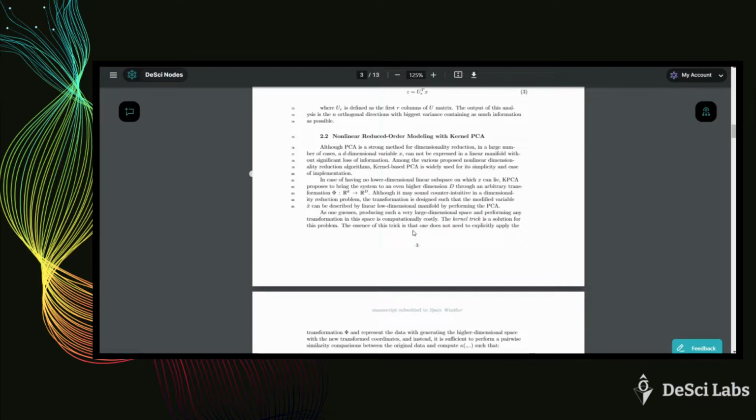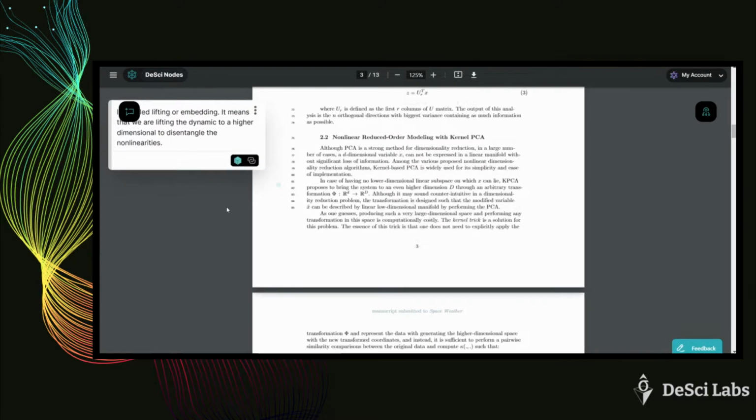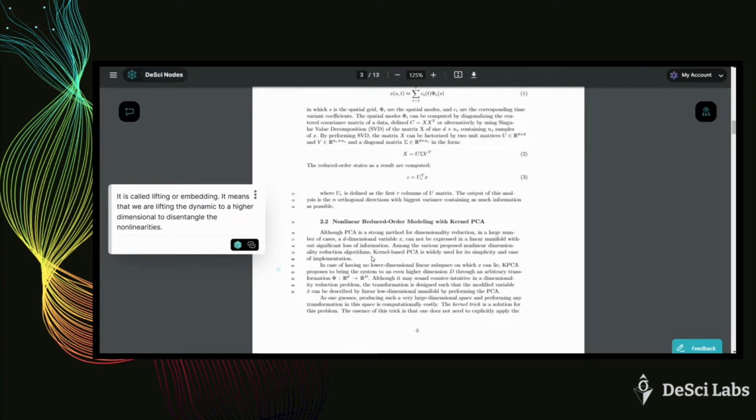And in this method, we are first trying to lift the system to a higher dimensional system. So I just put a notation here. This idea is also counterintuitive, because we are trying to compress the system, but at first we use some nonlinear mapping to bring this system to a higher dimensional system.